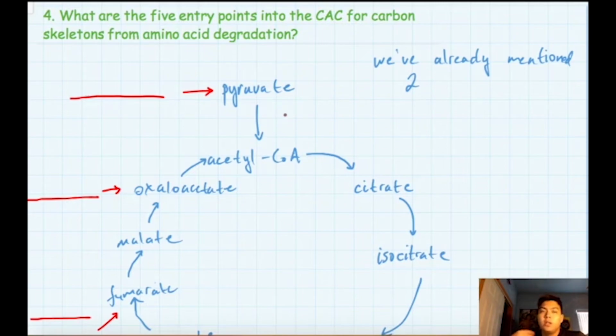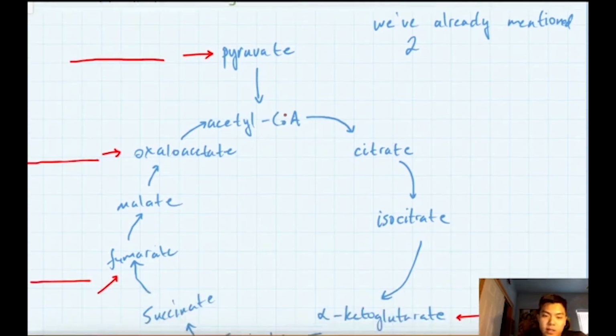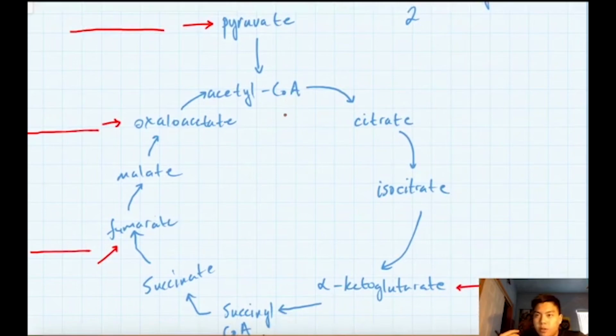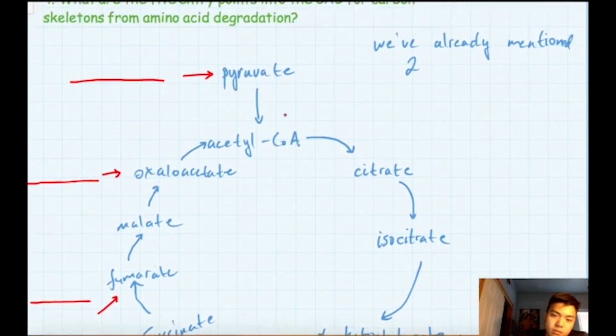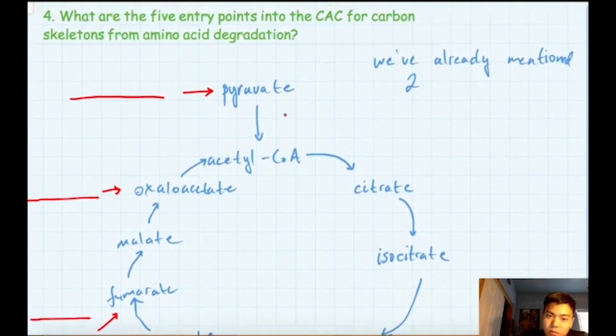And so this is the whole point of amino acid catabolism, right? We're making things that can enter the citric acid cycle, which then produce redox currency that can power our electron transport chain, which produces energy for us, right? And so there happen to be 5 places that we can do this.